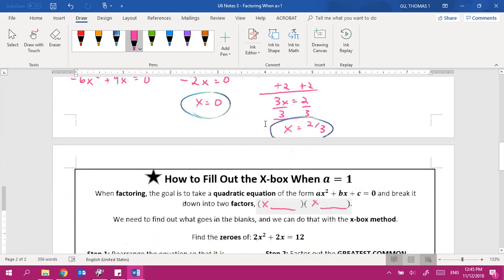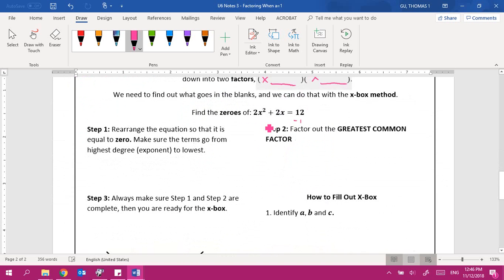So if I subtract 12, then my new equation is going to be 2x squared plus 2x minus 12 equals 0. And remember, this is extremely important when we're factoring, that your exponents are from highest to lowest. Is it in the order from highest to lowest? Yes, it is. Good. So we're done with that step.